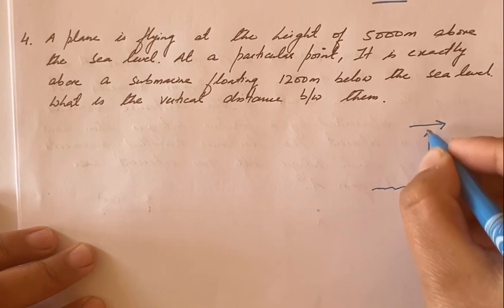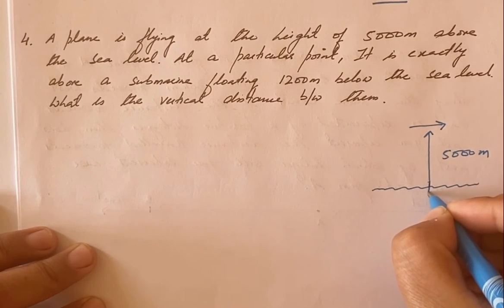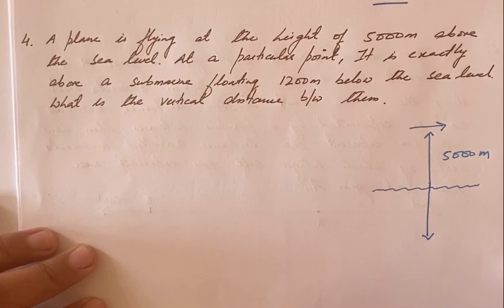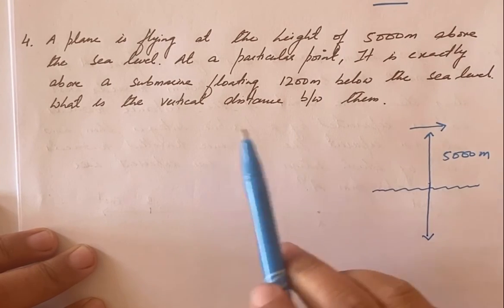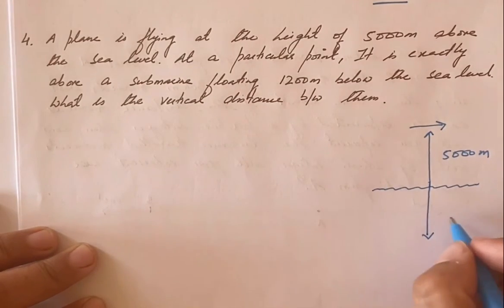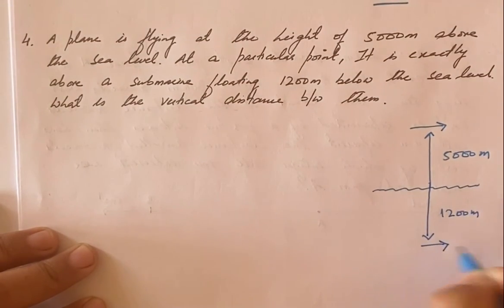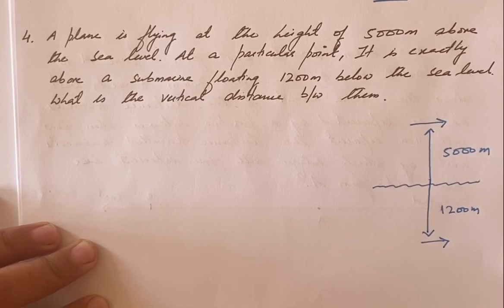This plane is exactly above the submarine which is moving under the water, floating 1,200 meters below sea level. This is the submarine which is moving below sea level.